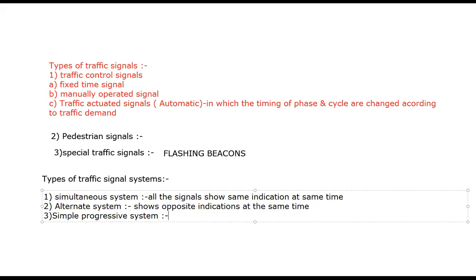In this type of system, a time schedule is made so that as far as possible there is a continuous operation of a group of vehicles along the main road at a reasonable speed. Okay.